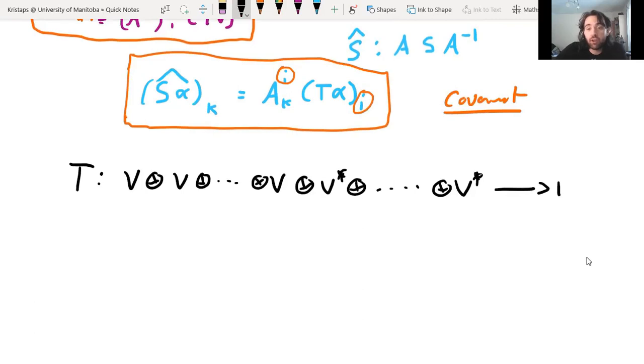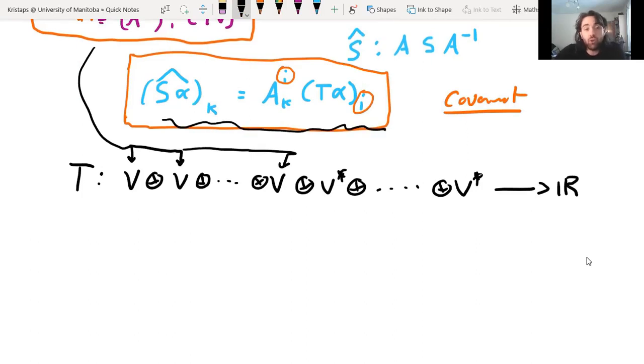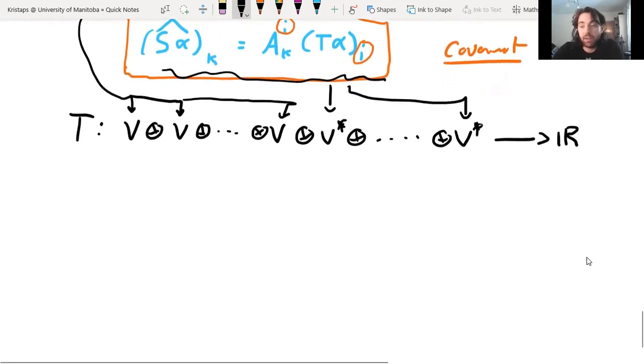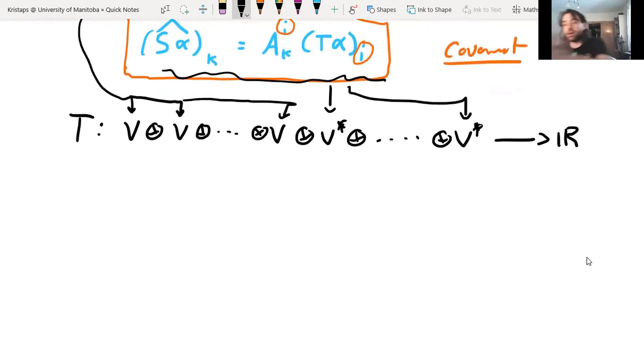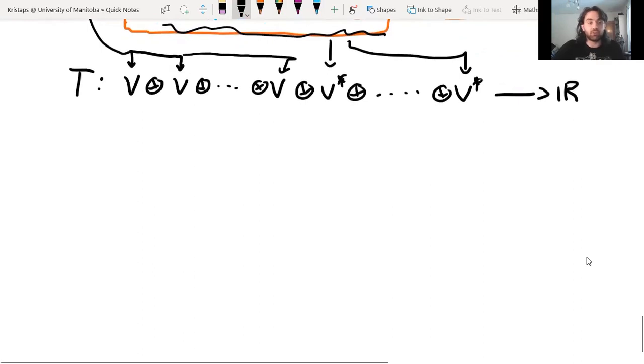So putting this all together, we simply have to apply the contravariant transformation law in each one of these components of our tensor product. And we simply have to apply this covariant transformation law in each one of our components of this multilinear map. And so unpacking everything, I'm going to show you, this is exactly why we need Einstein's summation convention, because the sigmas would be absolutely horrendous.